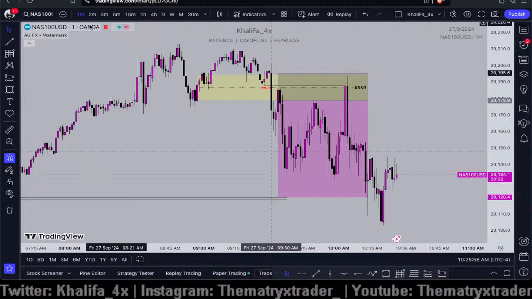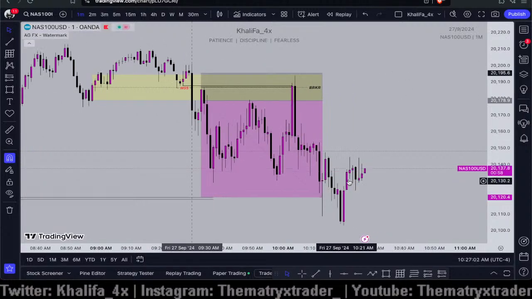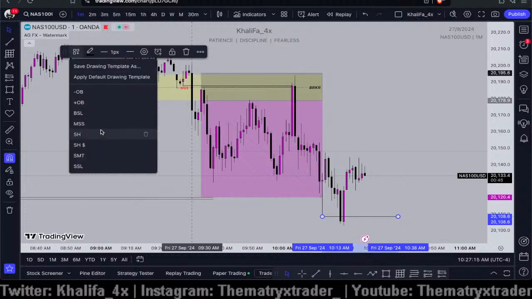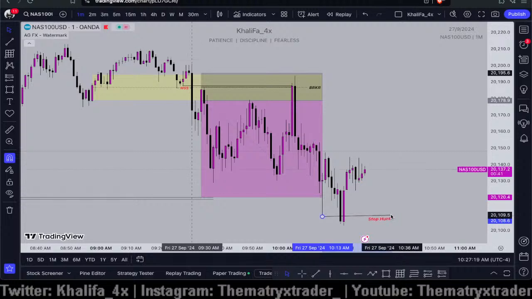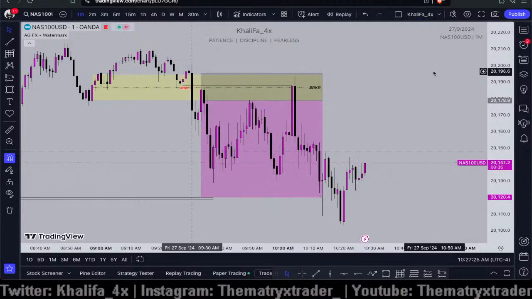Which fair value gap, bro? This one? Yes, you were right, but we don't have any. I'm willing to accept this as a stop hunt, but why I did not mark this is because I don't see any proper market structure shift.